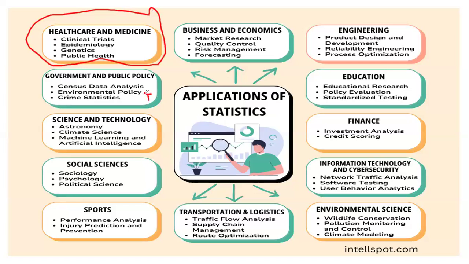So if you use statistical methods to come up with a decision, that decision will be known as an educated guess. Why? Because you've used statistical methods to come up with that decision.